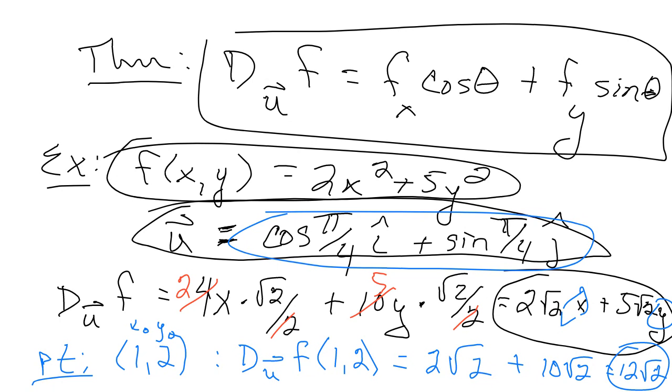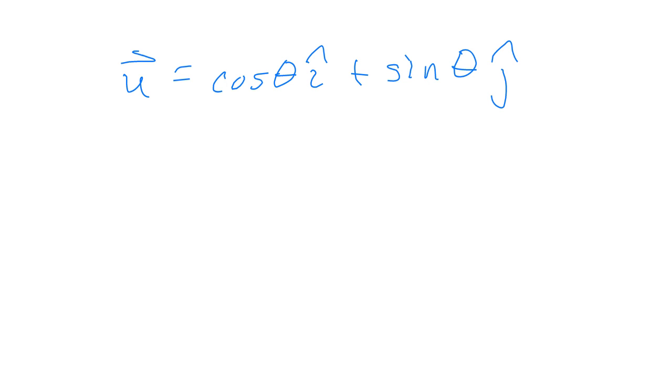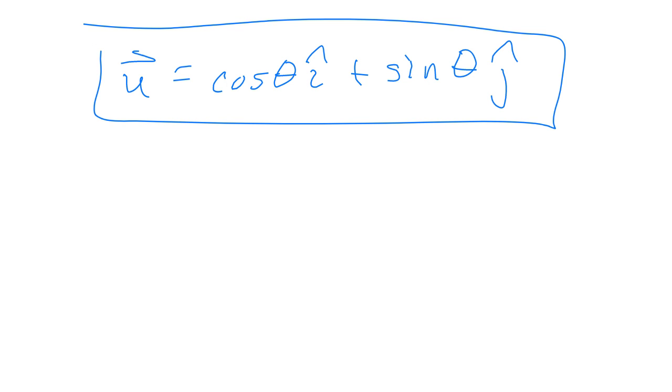Notice that if the u vector is cosine theta i plus sine theta j, that's going to be the general u vector. If we want to go in the direction of the x-axis, what do we know?